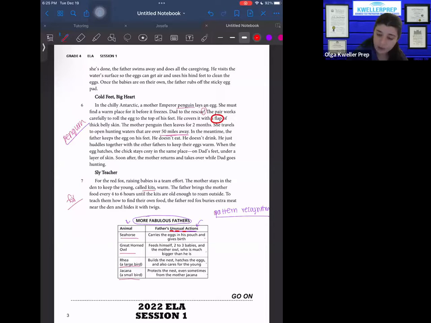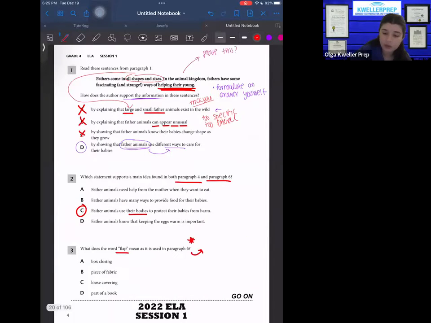So the pair works carefully to roll the eggs. He covers it with the flap of thick belly skin. So usually my advice here is repeat the way that it's used. So flap of thick belly skin. And replace each one of these answer choices into that phrase to see which one makes sense.